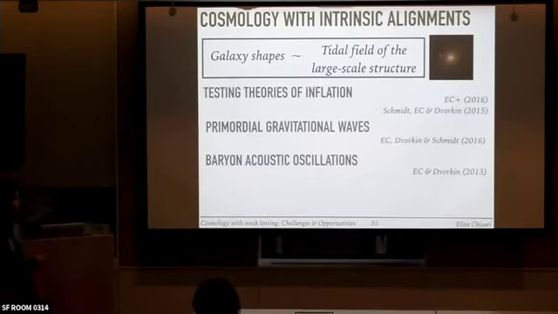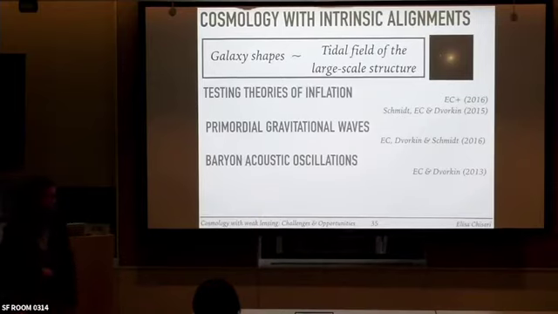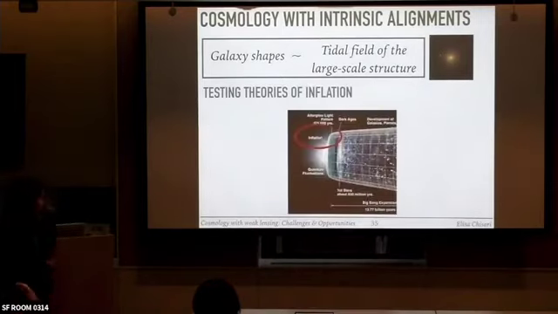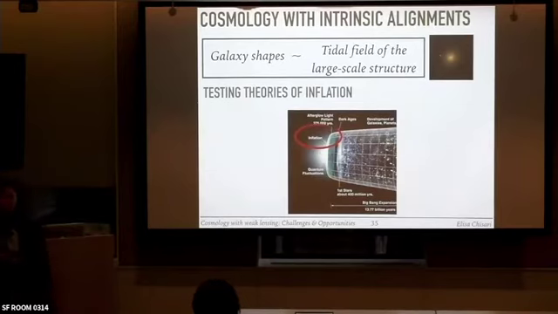I've been working on this for a while, and we've made several proposals of how to use intrinsic alignments for cosmology, from detecting baryon acoustic oscillations in the alignment signal to primordial gravitational waves from inflation, and also testing different theories of inflation like primordial non-Gaussianity. I want to tell you about this one in particular because I think it's the most promising one for future surveys. We're going to be focusing on extracting information of the early universe from these alignments of the galaxies with the large-scale structure.